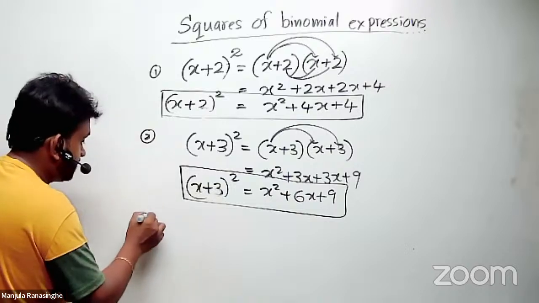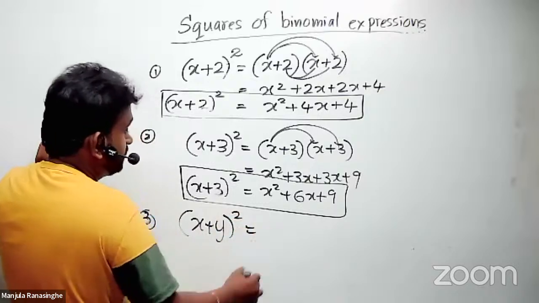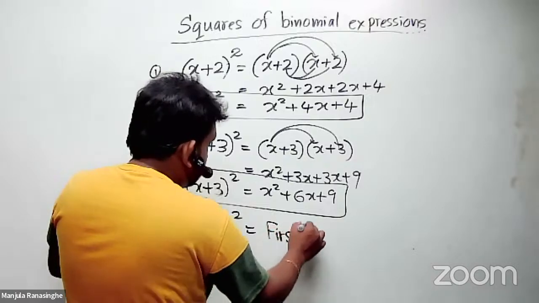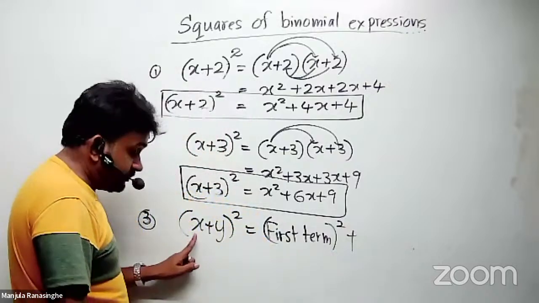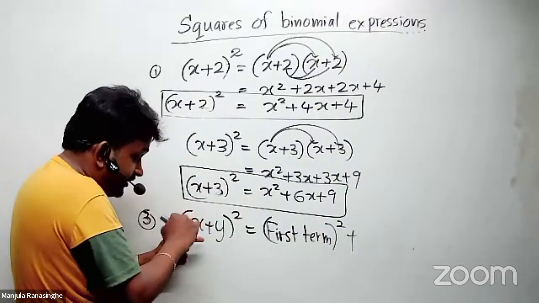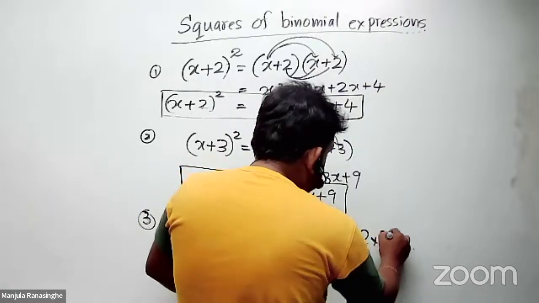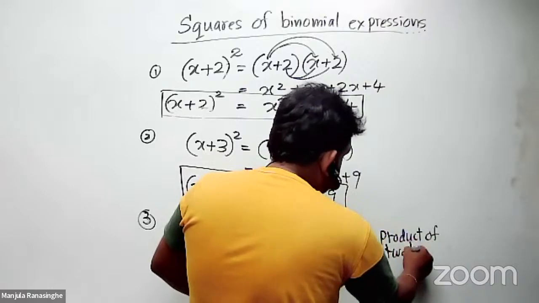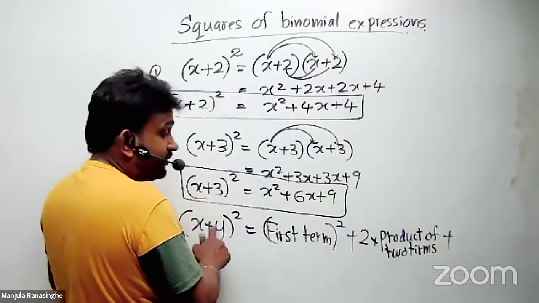So now I can write it generally: x plus y squared. How do we take the sum? The first term is squared, x squared, plus twice the product of the two terms, 2 into x into y, plus the second term squared.